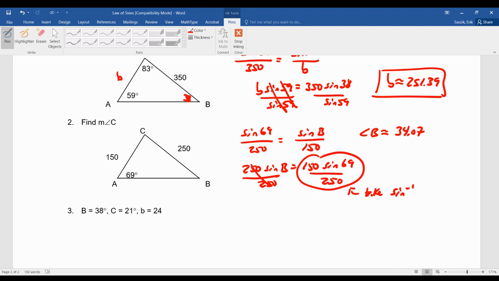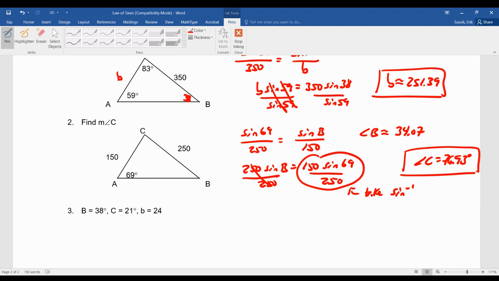I get 76.93 for angle C. Okay, so here we did one where we found the angle, and earlier, of course, we did one where we found the side.